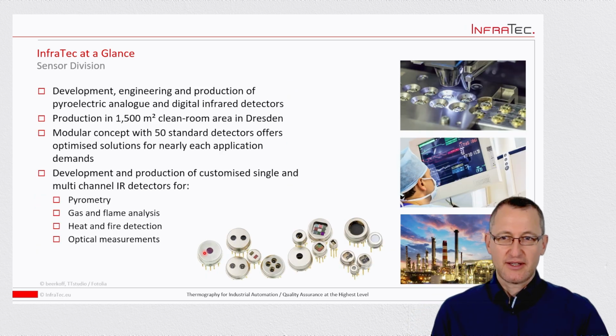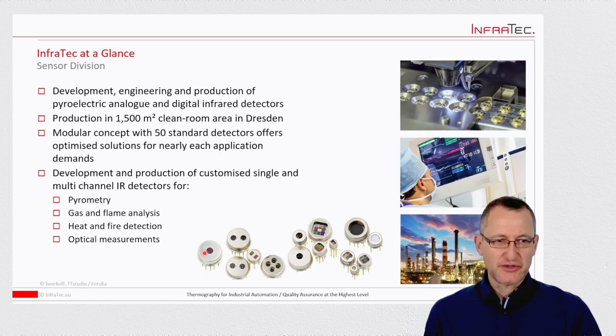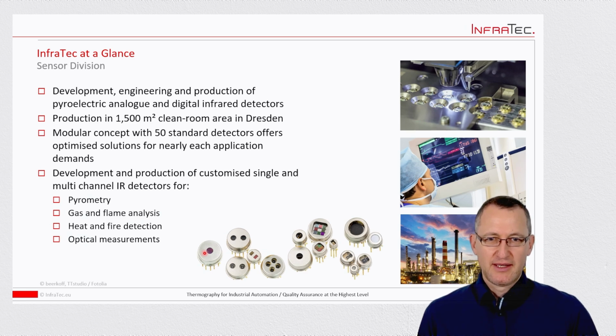Let's give a short introduction about the sensor division. The sensor division has its own production clean room and offers pyrometers, digital infrared detectors, and they are used for example for gas and flame analysis, heat and fire detection, as well as other optical measurements.